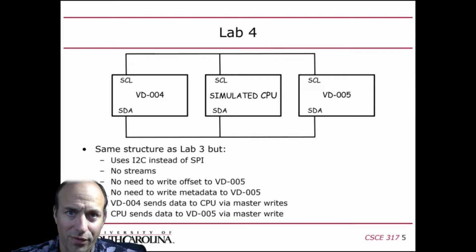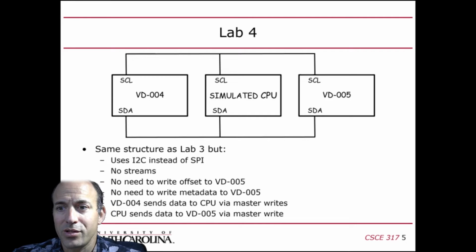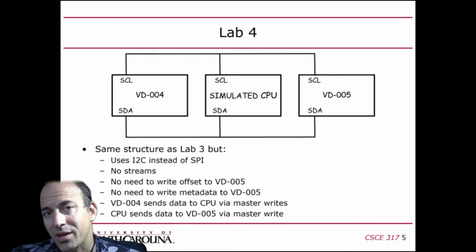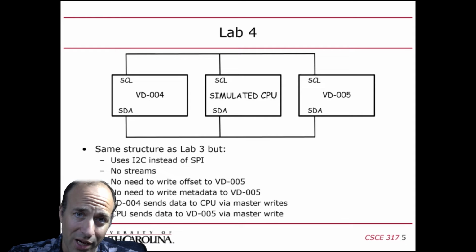There are a few differences though from Lab 3. The main one is that we're using I2C instead of SPI. So obviously the objective here is to convert the SPI bus to an I2C bus. As I mentioned a few minutes ago, I2C does have the ability to send more than one byte in a transaction.